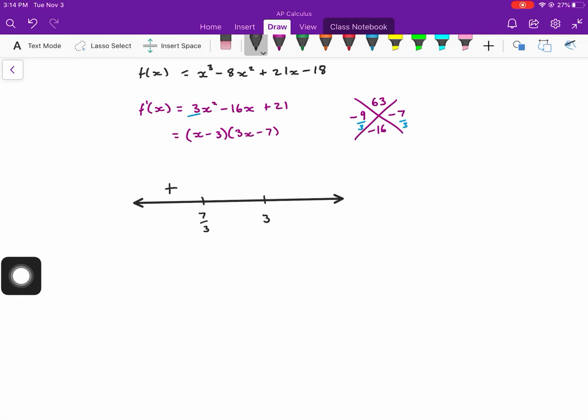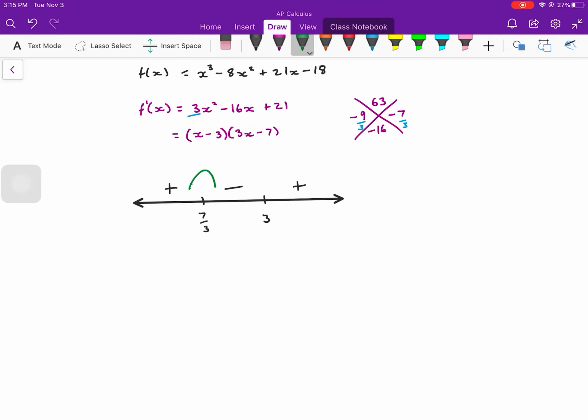Now a number between 7/3 and 3, we only have the option of 8/3. It will have a sign change. 8/3 minus 3 is less than 0, so it'll be negative, and 3x minus 7 is positive because it's greater than 7/3. So that'll be negative. And then plug in a 4 and you get positive, positive.